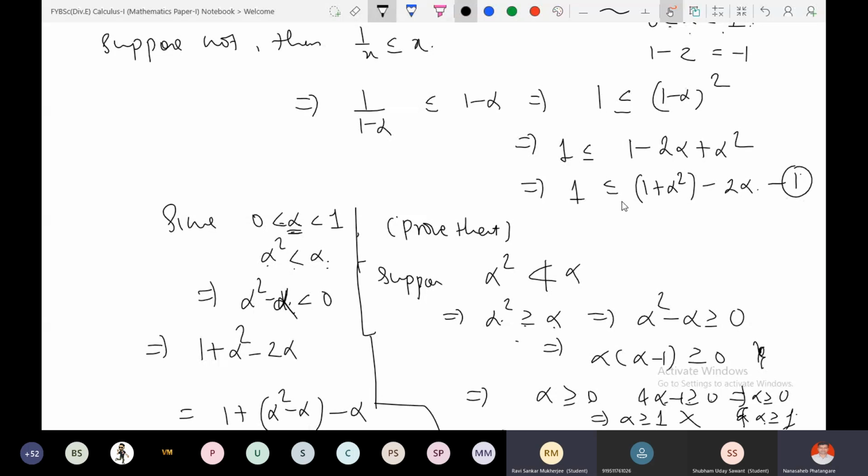So as alpha is less than 1, using the proposition we discussed yesterday, that a plus c is less than b plus c as a is less than b, we can conclude that this inequality is not possible. Can we use that property in this case?